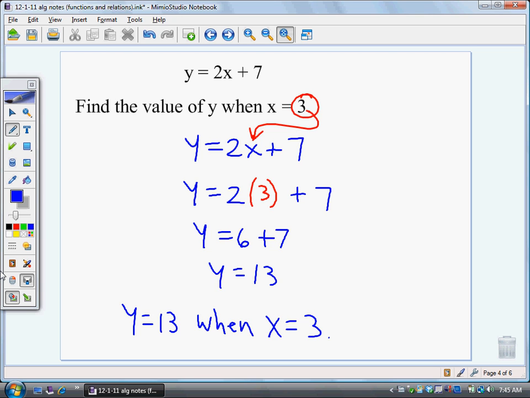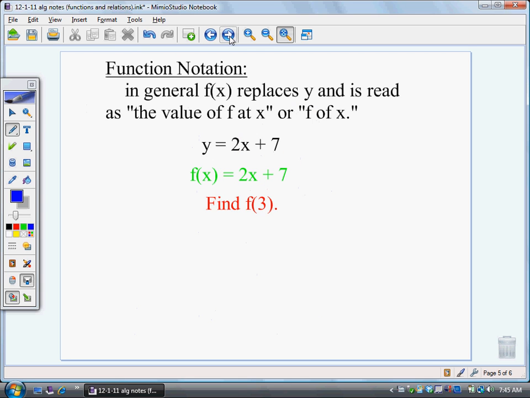Now, function notation. We're going to introduce a slightly different notation, but it's going to be the same thing. Function notation says that in general, this f with the x inside parentheses beside it replaces y, and it's read as "the value of f at x," or a little simpler, f of x, and that's probably more typical of what you would hear.